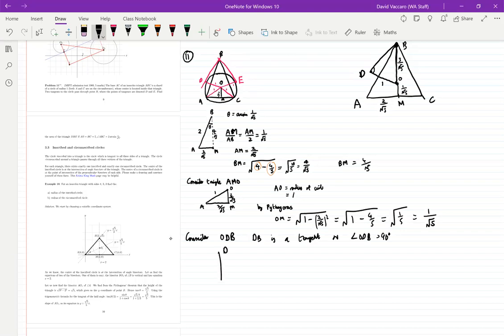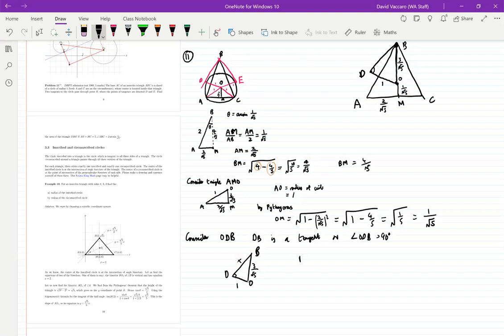So I've got DBO. OD is 1. OB is 3 over root 5. This is my right angle.